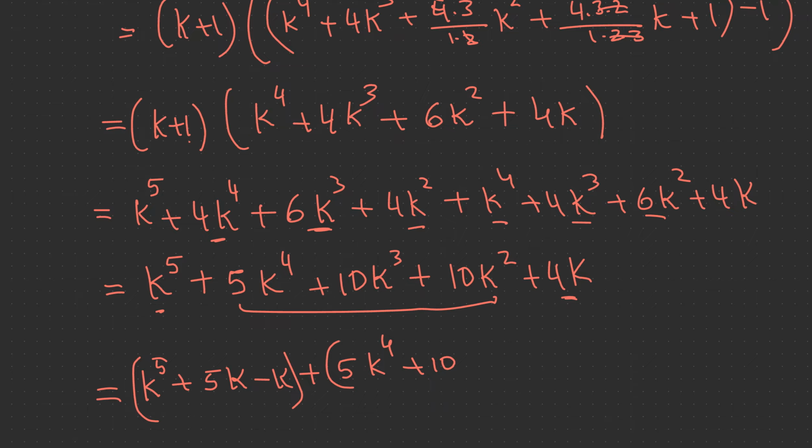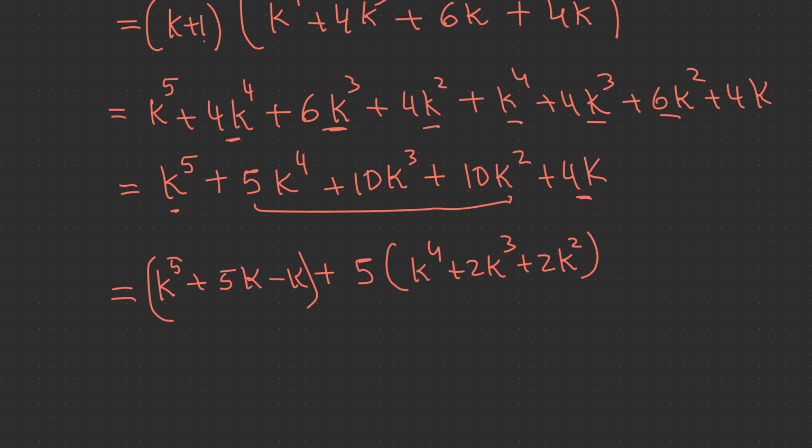So that I can write as, I can take 5 outside of the bracket, so 5 times k to the power 4 plus 2k cube plus 2k square.